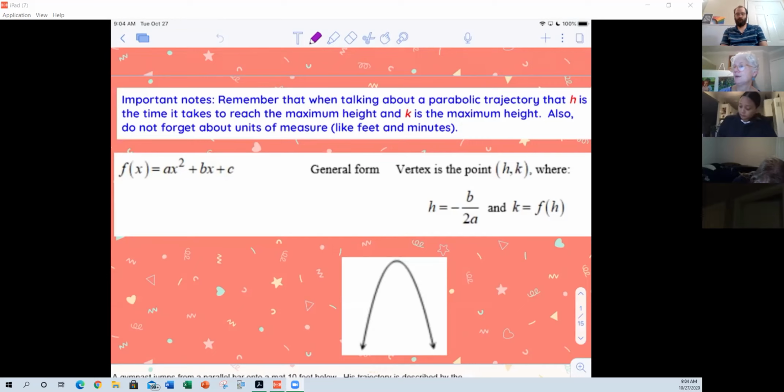So the x value is usually the time, and the y value is usually how high the object goes, at least in algebra classes.